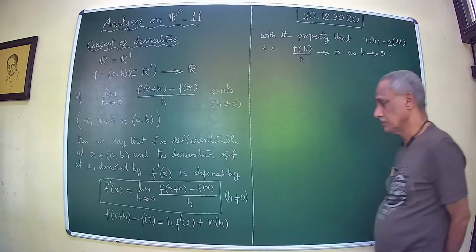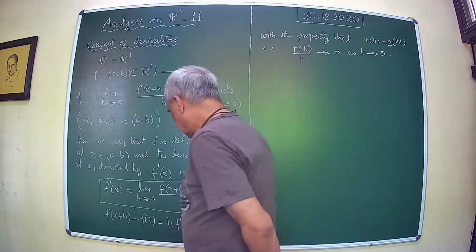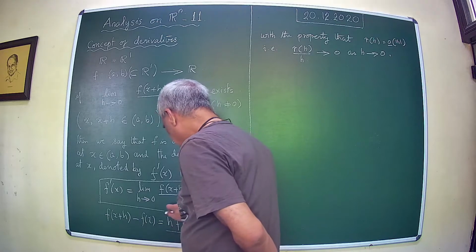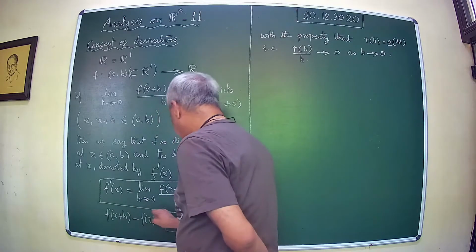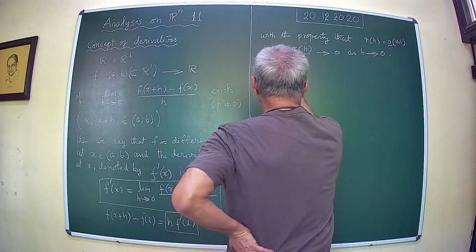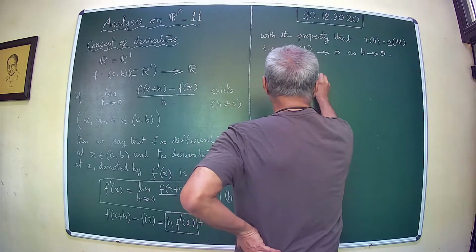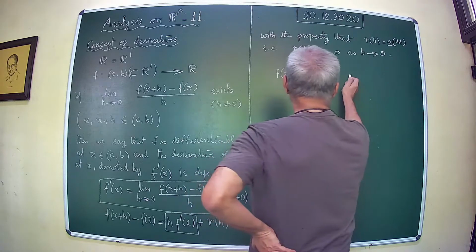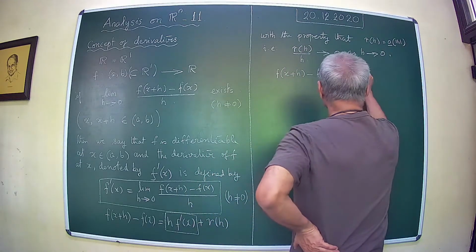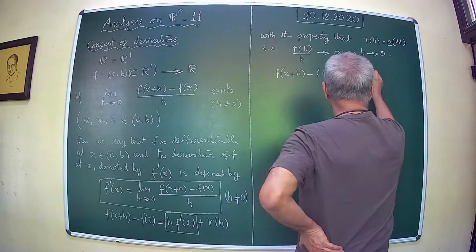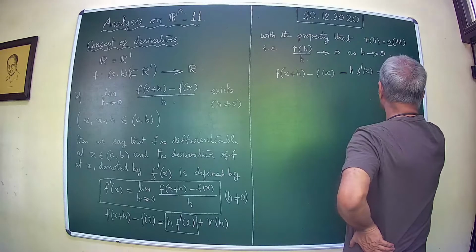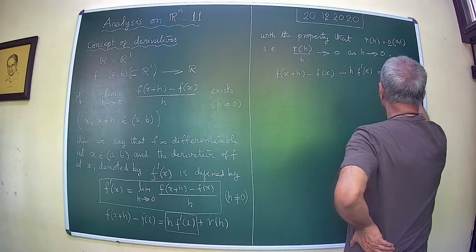So you see that the crucial part is this difference, f(x+h) - f(x) - h f'(x), which is of the small order of h.